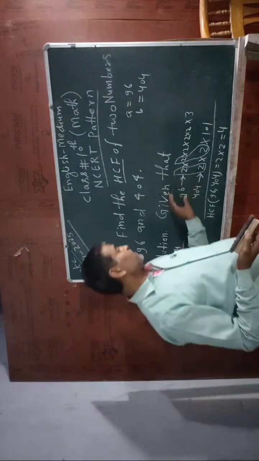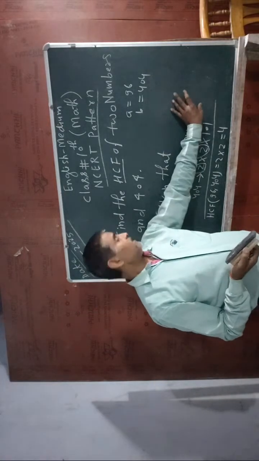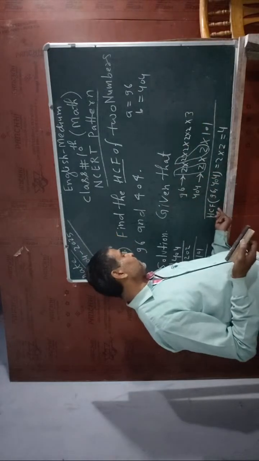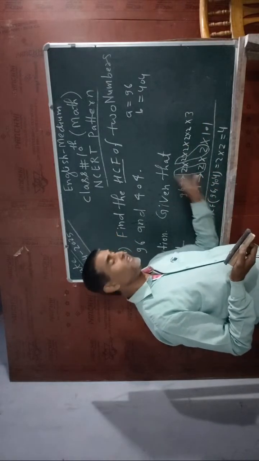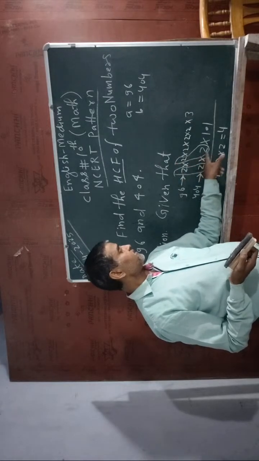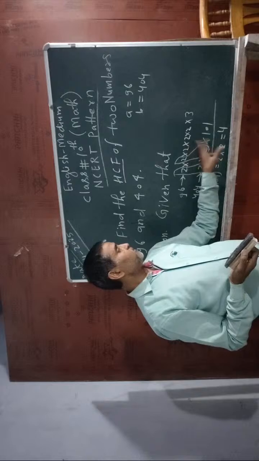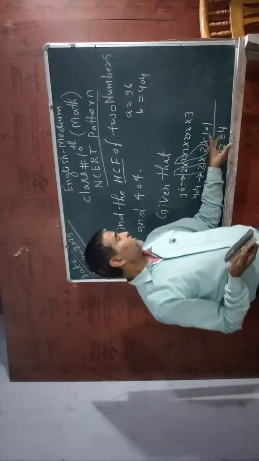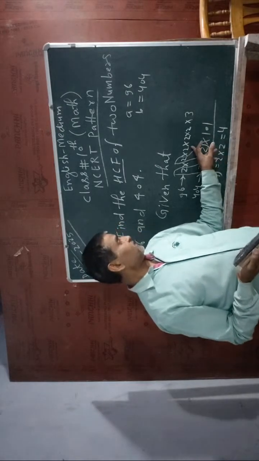After taking prime factors, you have to write it like this. In the case of HCF, you have to take only the common factors. In 96 you are getting one common and a second common, and here 2 is available but here 2 is not available, therefore you will exclude it.